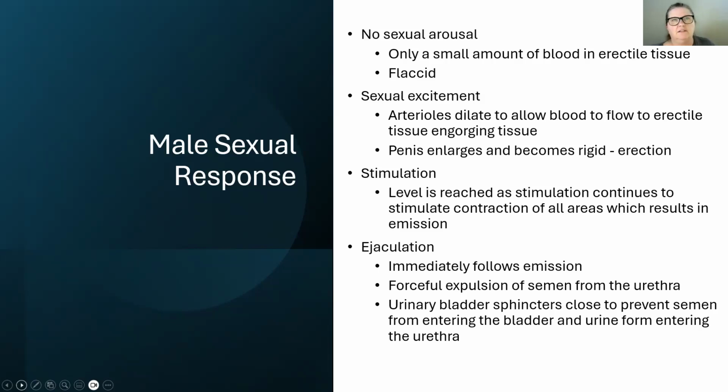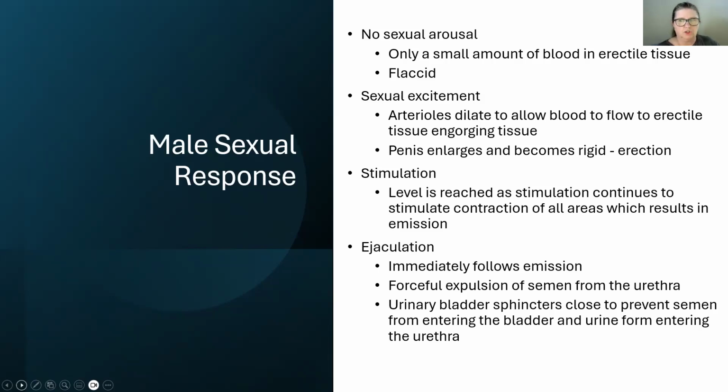So basically, the difference between emission and ejaculation is emission is a forceful expulsion, but not out of the body. It's when everything is forced into the urethra. And that's why ejaculation immediately follows, because then ejaculation is the forcing of the semen out of the urethra.